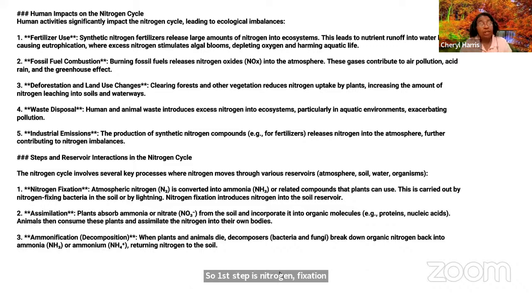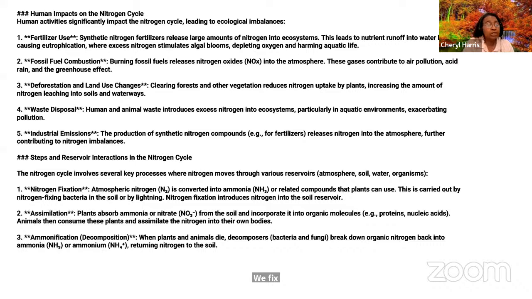We breathe nitrogen, but we can't use it in the gas form, so we have to find a way to get the nitrogen in the atmosphere into a usable form. We fix it into a form that is used, and we don't do that ourselves.